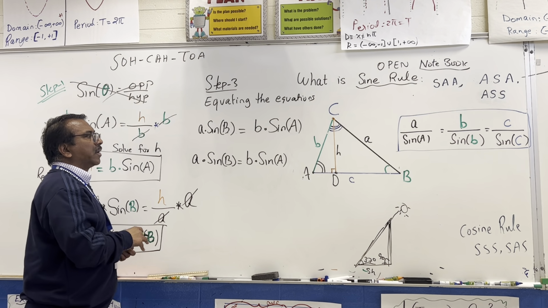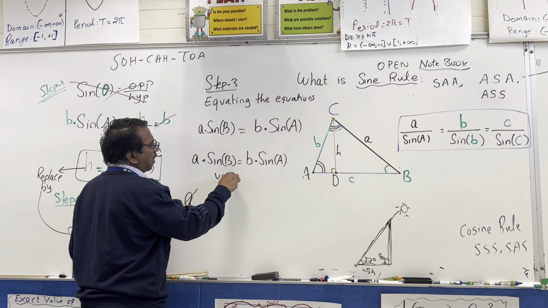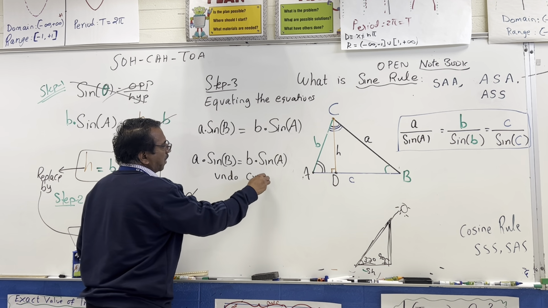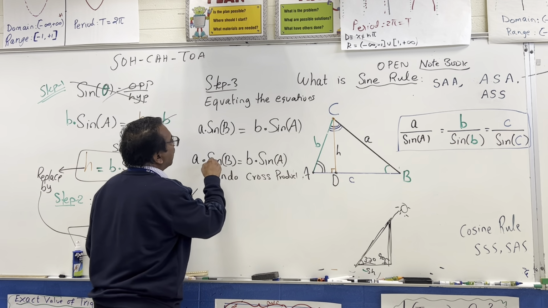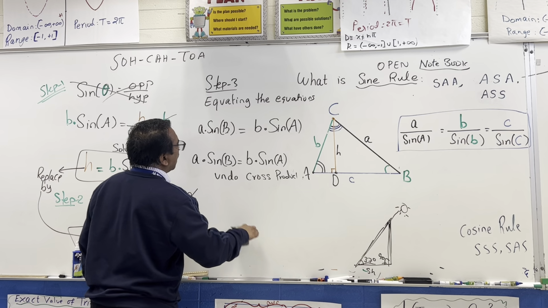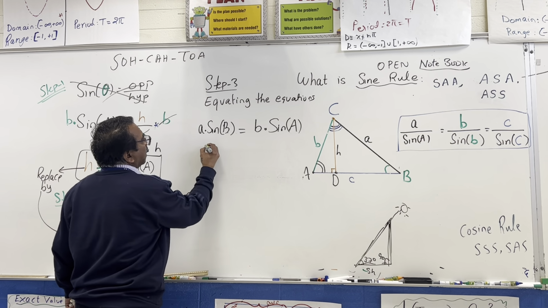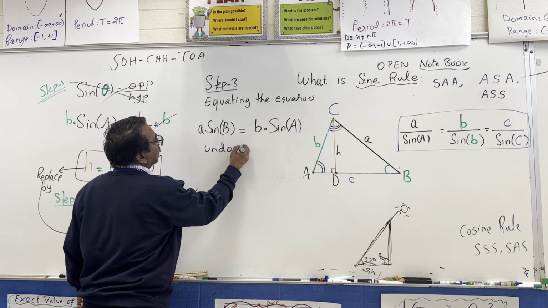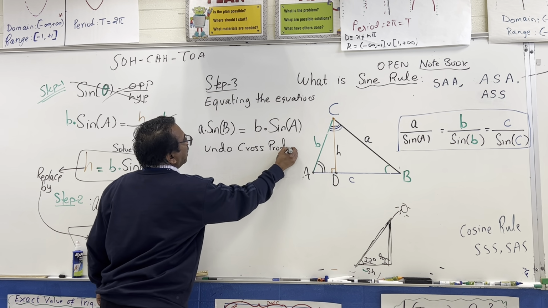Can you undo the cross product? So this is called undo cross product. I think there was no need for me to write this step. From here I want to write undo cross product. What does that mean? What is cross product?